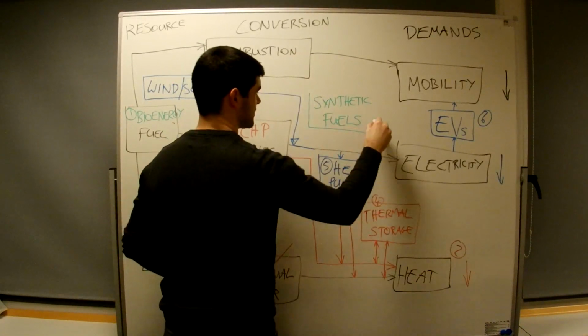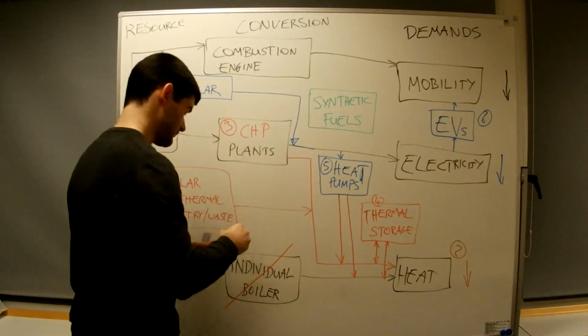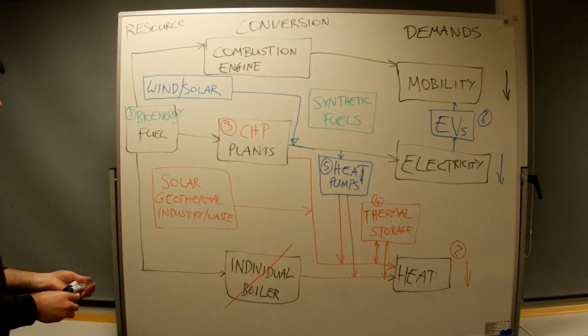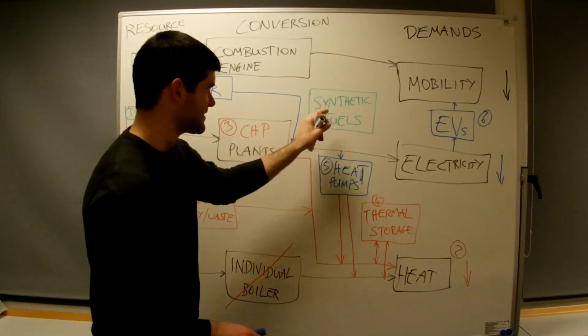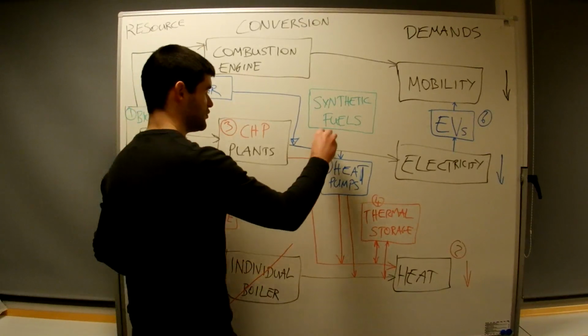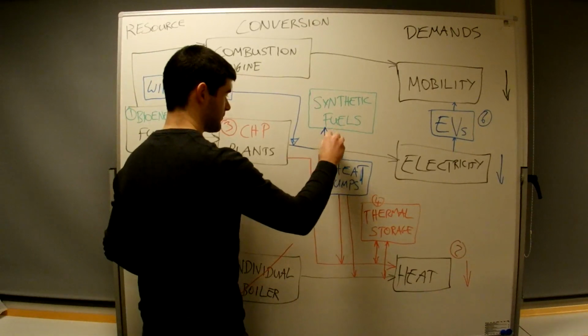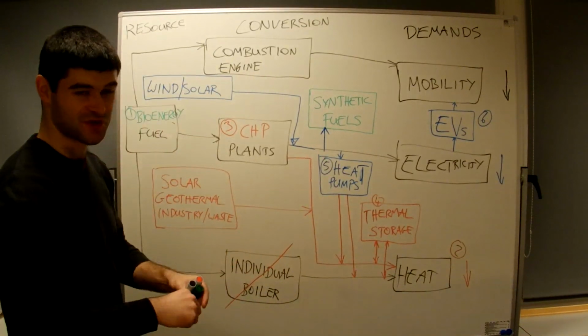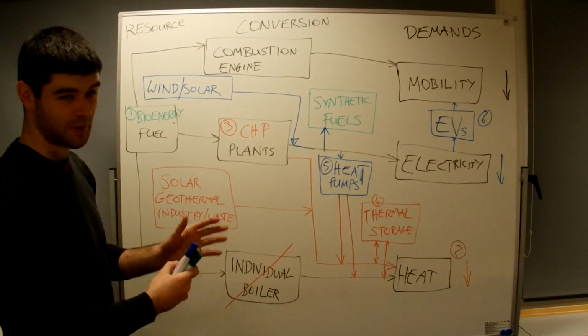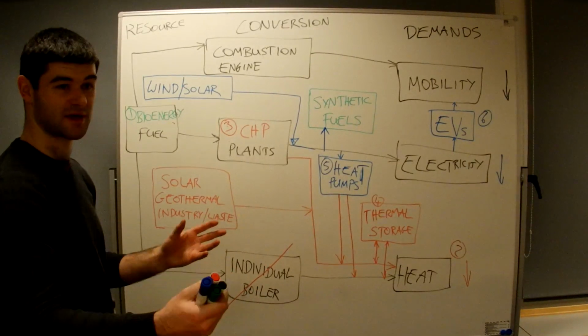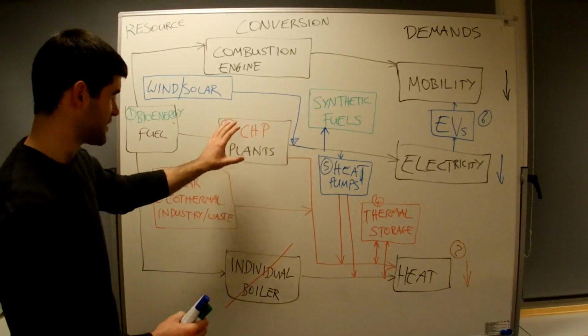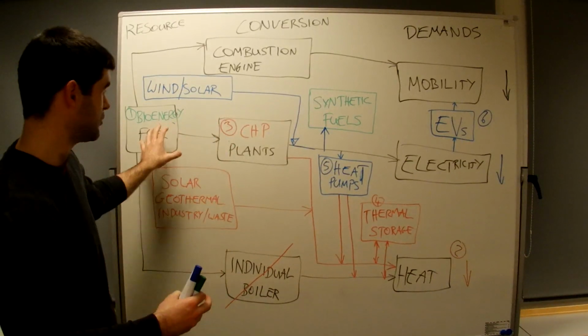These are a type of fuel that use electricity. To create a synthetic fuel, I use some electricity. That electricity produces some hydrogen. I combine that hydrogen with some carbon that I capture from a power plant, for example, or from industry, or from a bioenergy source.